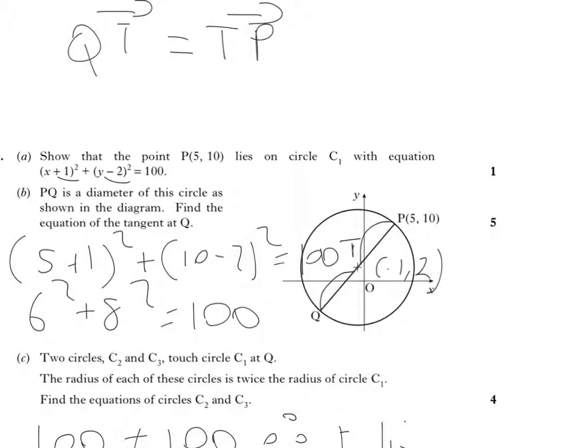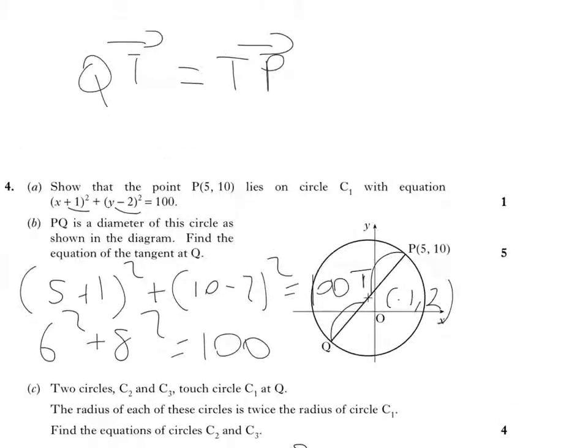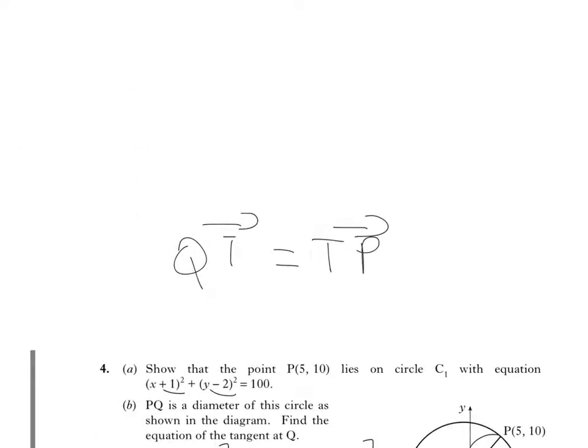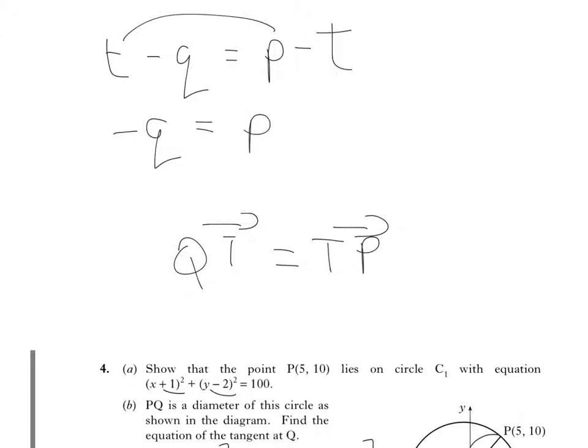Now the object of the exercise here is to find Q. So T minus Q is equal to P minus T. Minus Q equals P, bring that across, minus 2T. So Q will be equal to minus P plus 2T, just by changing the sign and everything.